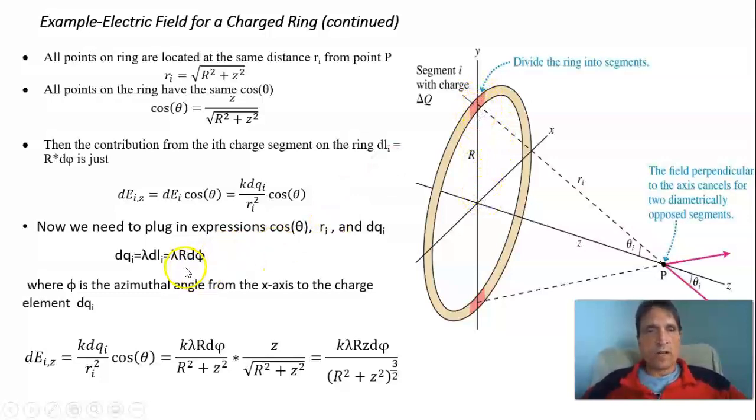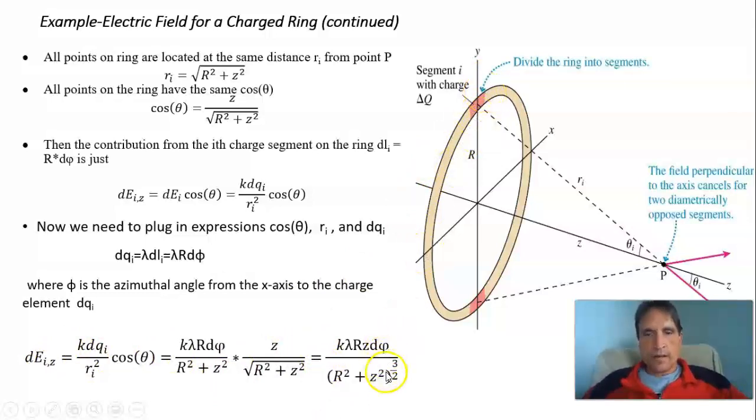And so delta L is equal to R times delta phi, where this is the polar angle from the x-axis. Okay, so now we plug that in for dq. We plug this expression in for r_i squared. We plug this in for cosine of theta. And now we have the contribution to the electric field from this little element i of charge.